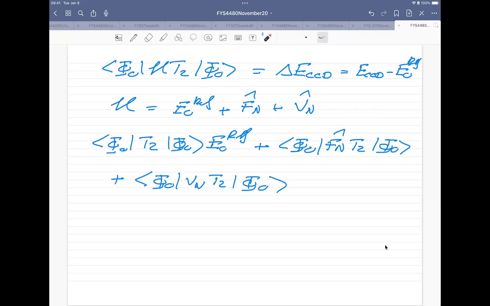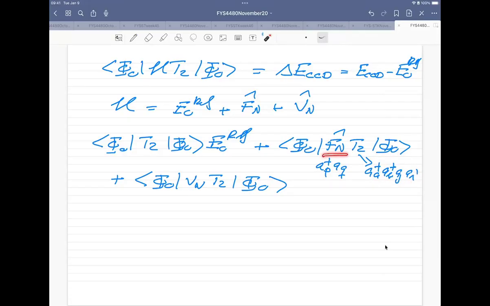That sound okay? If I look at my next term, this is a one-body operator. So I have an operator A_P dagger A_Q. This is a two-body operator, so I would have A_A dagger A_B dagger A_J A_I. Now what happens when this one acts on this state, I get a two-particle, two-hole state.